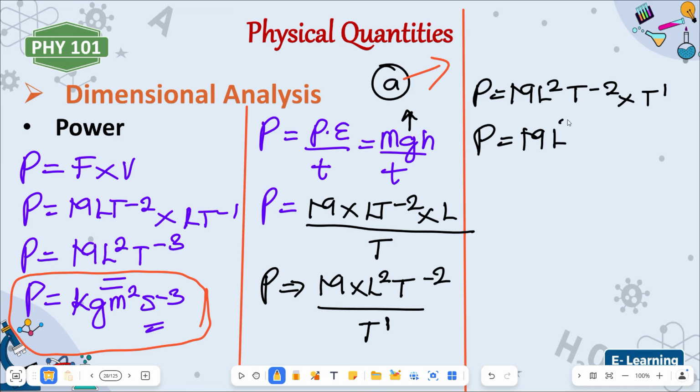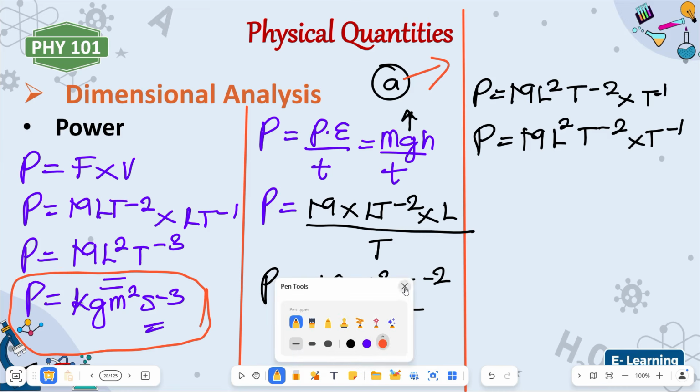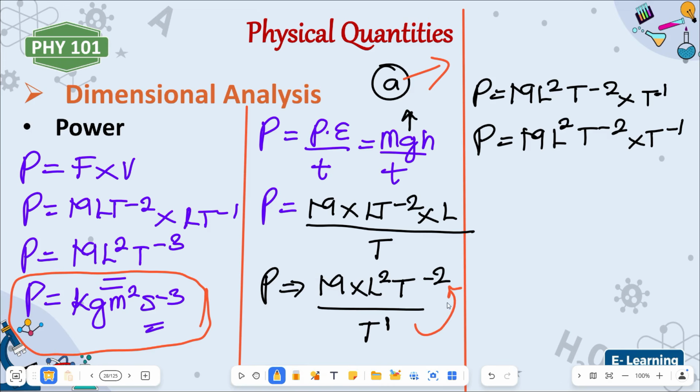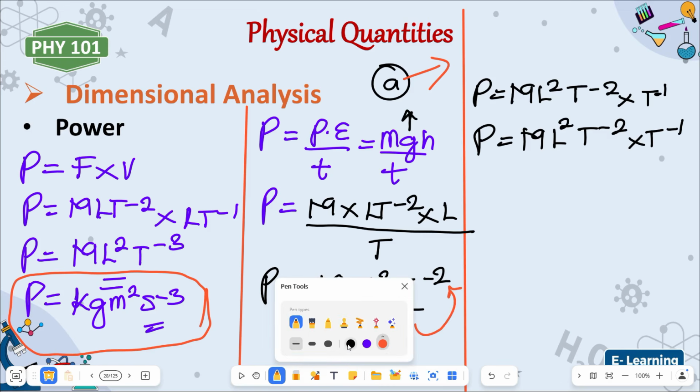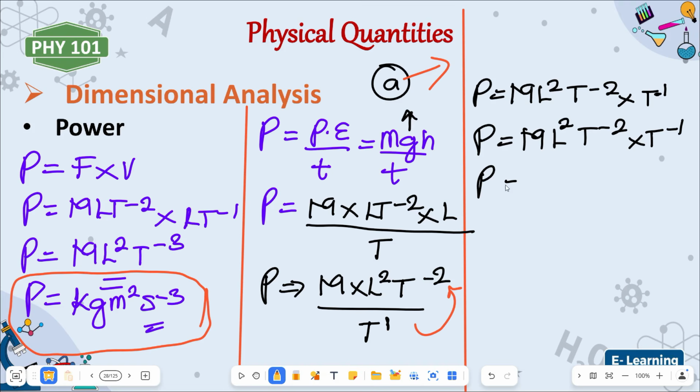If this one crosses up, it becomes minus 1. So here becomes minus 1. So at the end of the day, P will be equal to what? mL^2T^-2.